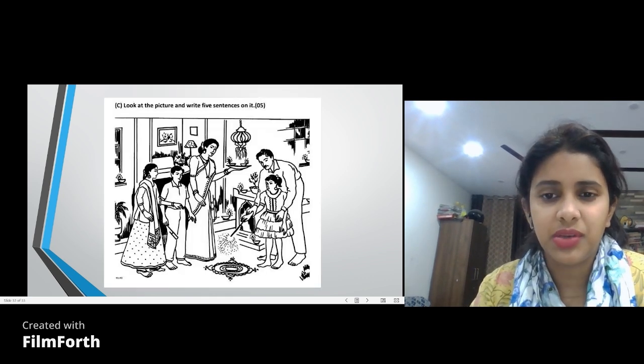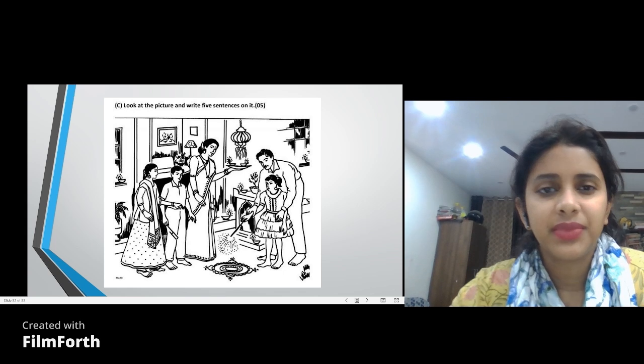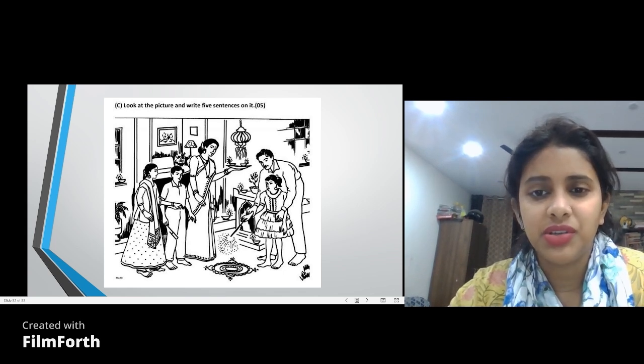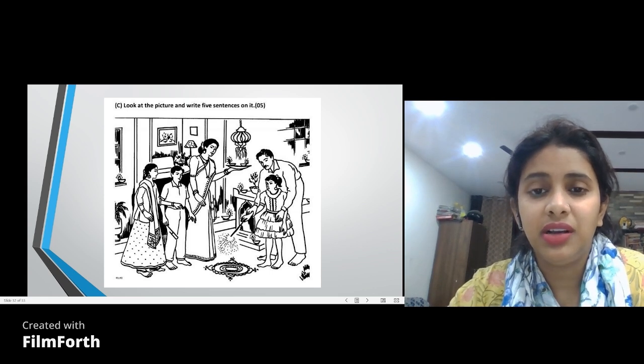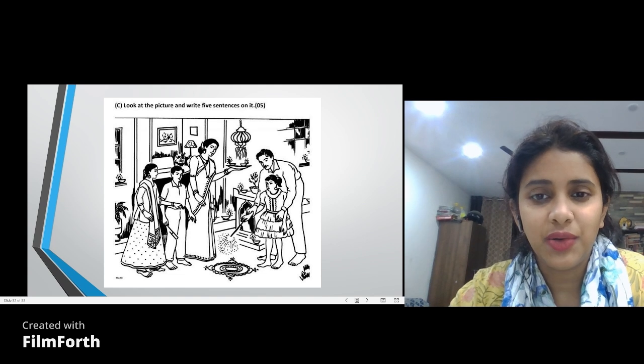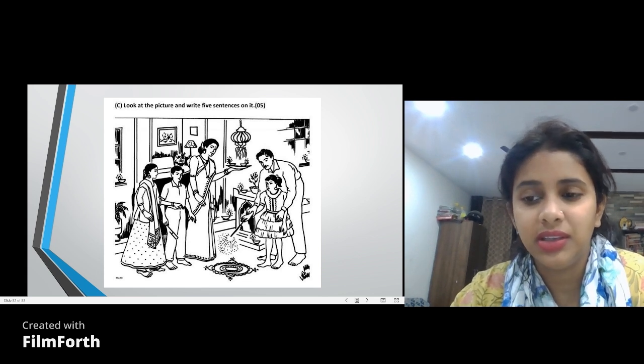Let's take the next picture. See, this is another picture. A festival is being celebrated. Unity, cultural representation. This is a Diwali scene. The father is helping the child and the daughter light the fuljari, the lighting stick.